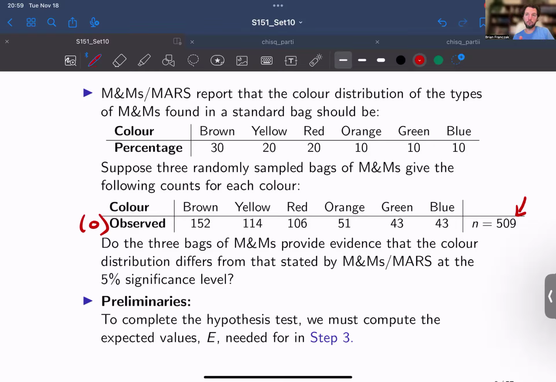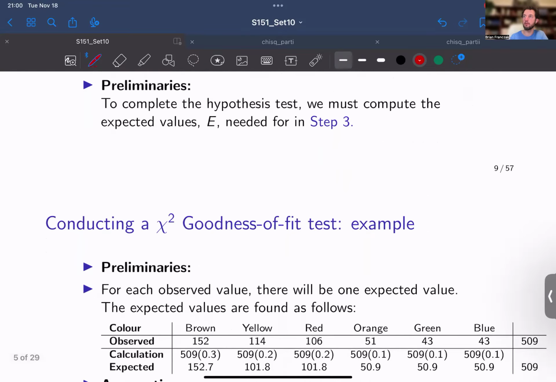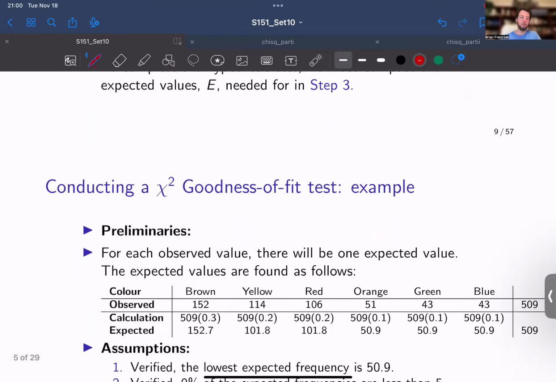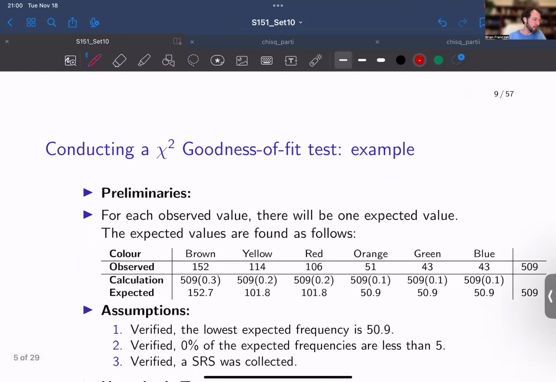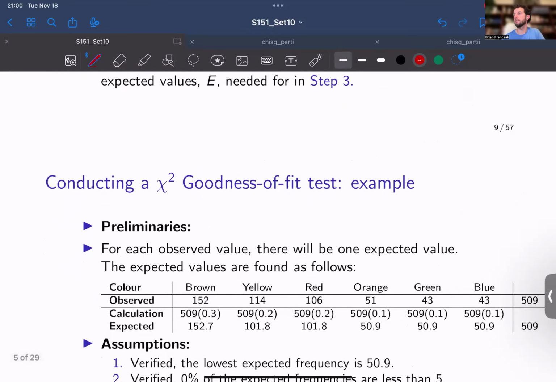To do this, we're going to use a goodness of fit test, because the chi-square goodness of fit test is the only test that applies to one qualitative variable. First, we calculate our expected values. The expected value calculations are summarized in the table shown below.